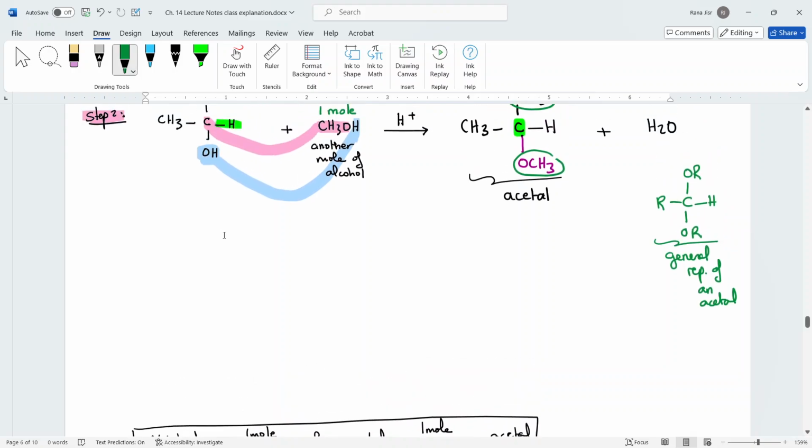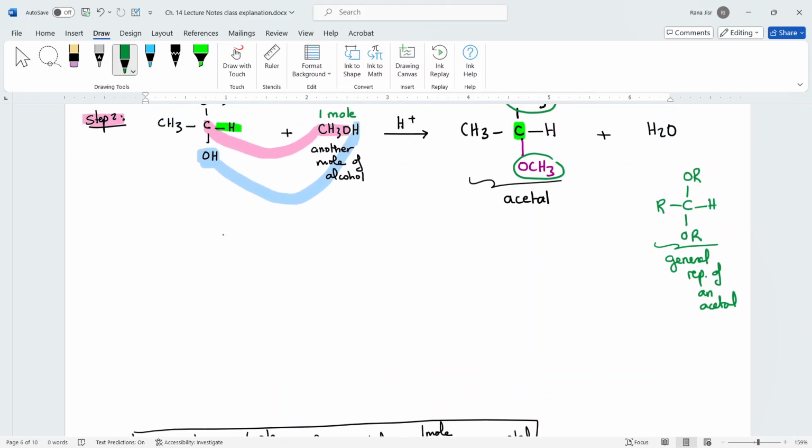Let's go ahead and have another example. So with this example, let's see, 1, 2, 3, 4. This is a 5 carbon aldehyde, and I am reacting it. The reaction will go as such.